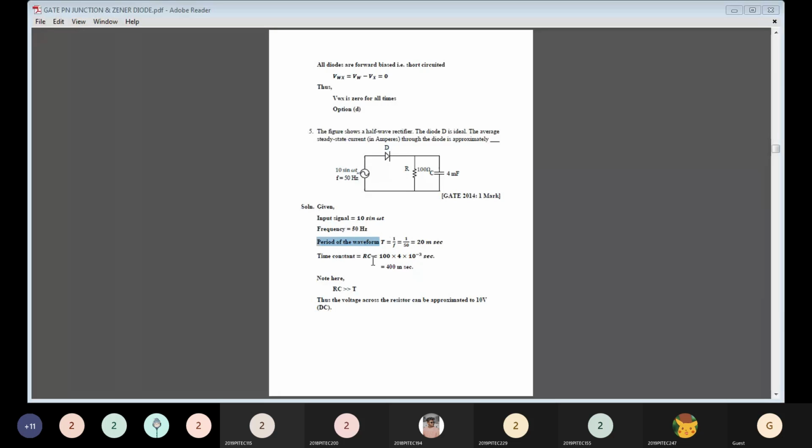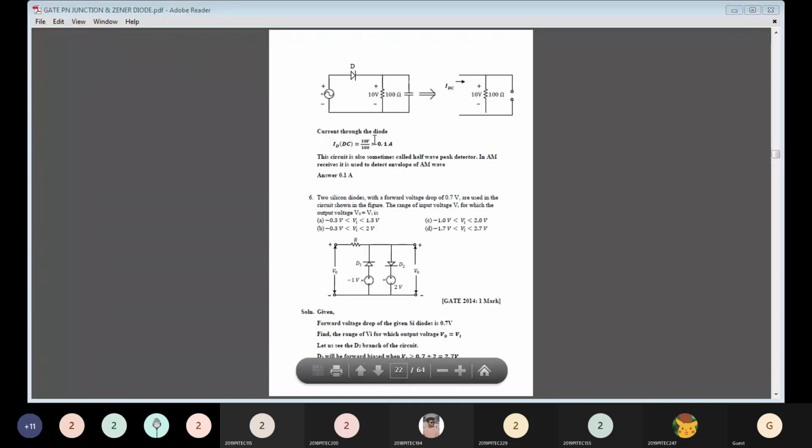Time constant is equal to RC. R is given as 100 ohm, and the capacitor value is given as 4 millifarad, so 4 into 10 power minus 3. So the time constant RC value is 400 millisecond. Here RC is 400 millisecond, which is very much greater than the time period. So the voltage across the resistor can be approximated to 10 volt.